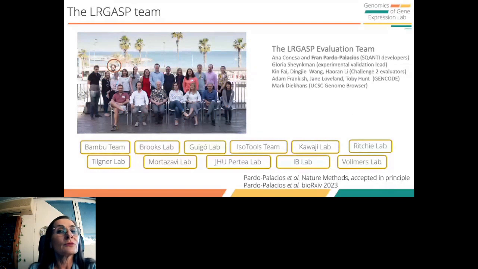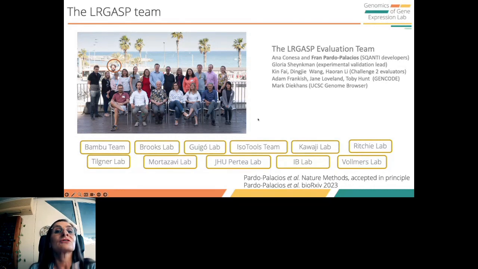Also very important was Gloria Sheynkman, who was involved in experimental validation in the project. Kin Fai was involved in analyzing accuracy in quantification. Adam, Jane, and Toby are members of GENCODE and also participated in the curation of the data. And Mark Diekhans was really instrumental in helping with the logistics and with the management of the data and the submissions. And this was a challenge.